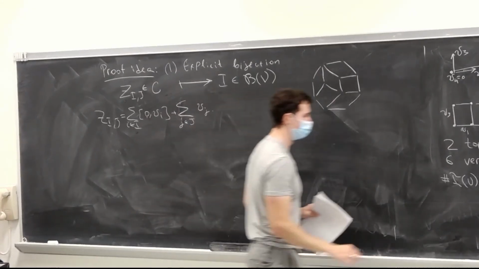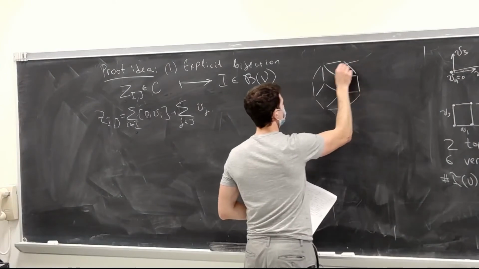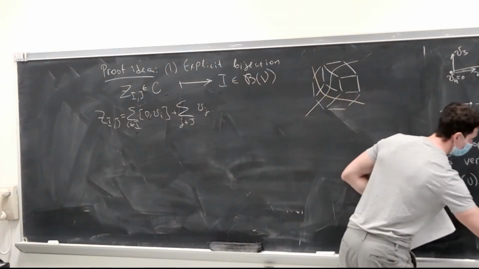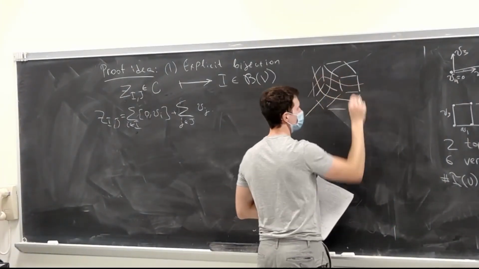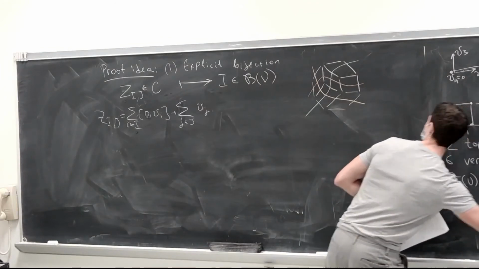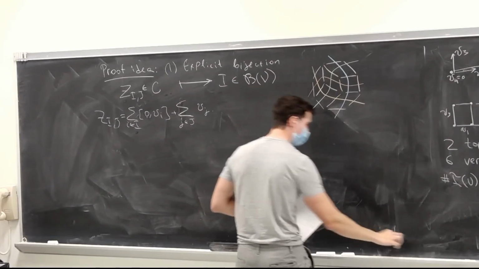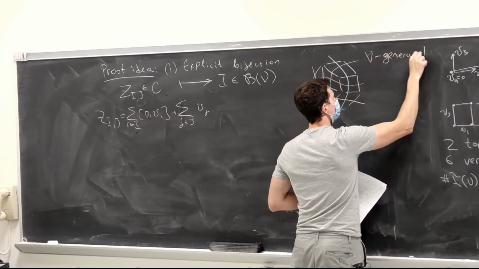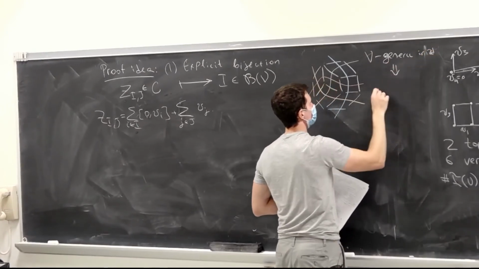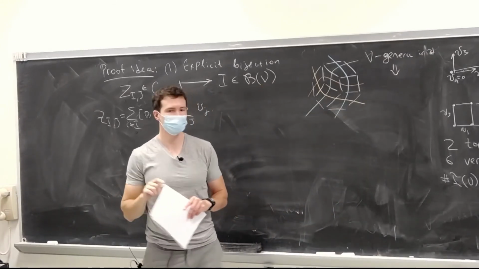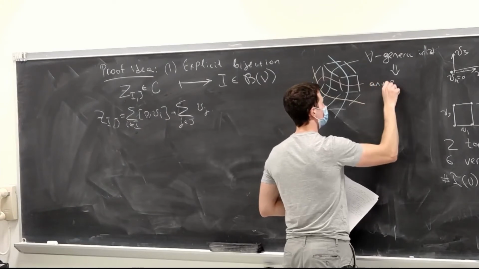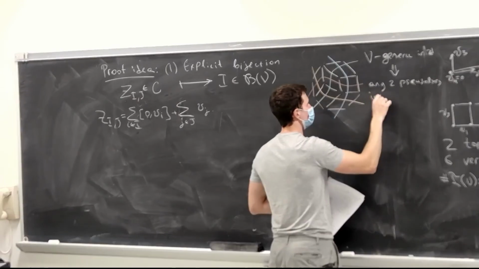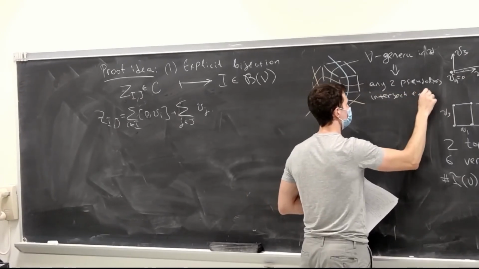And if I draw the corresponding dual to the line arrangement, also known as the subway map of St. Petersburg, what I'm going to see is that if V is generic in 2 dimensions, then any 2 pseudo lines intersect exactly once.